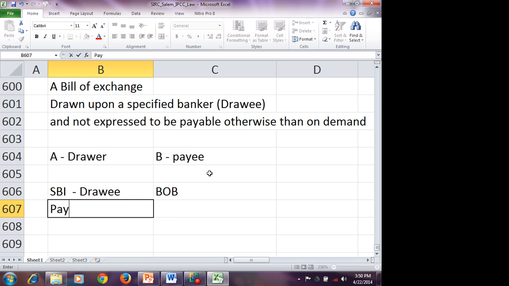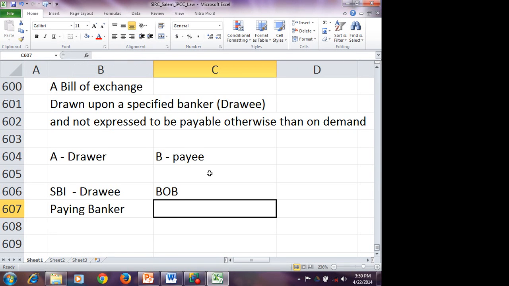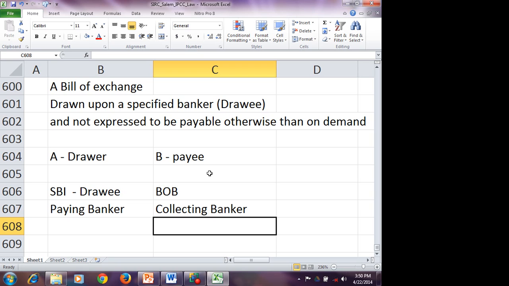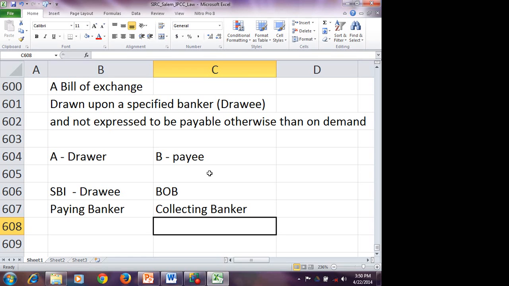This banker is also called the paying banker. This other banker, the banker of the payee, is called the collecting banker. The NI Act places a responsibility both on the paying banker as well as on the collecting banker.